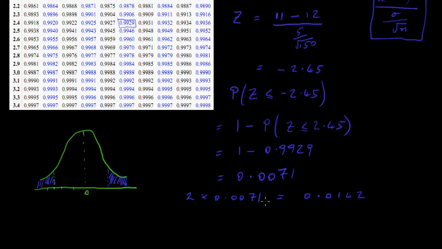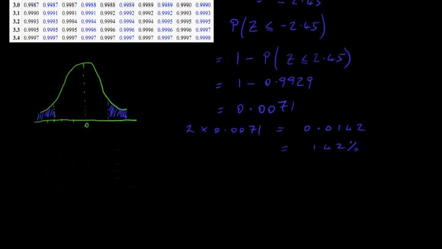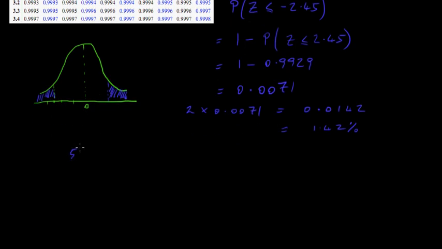So in other words, the probability of appearing in this part of the graph or this part of the graph here is 1.42%.